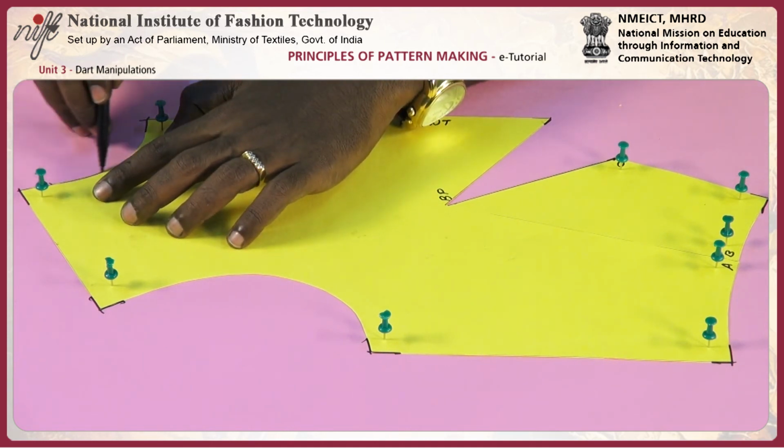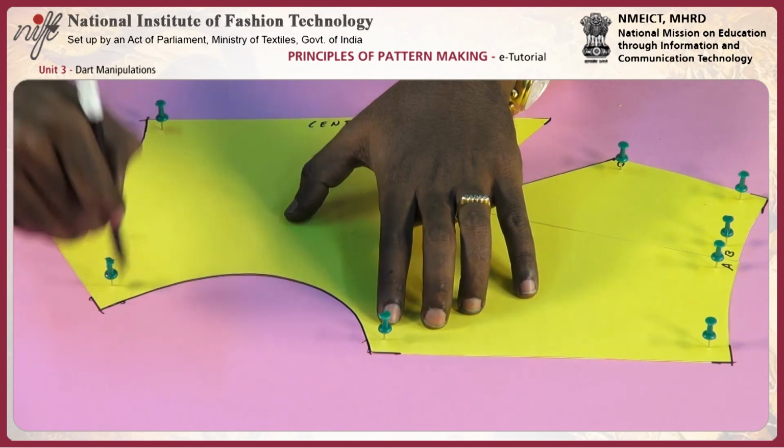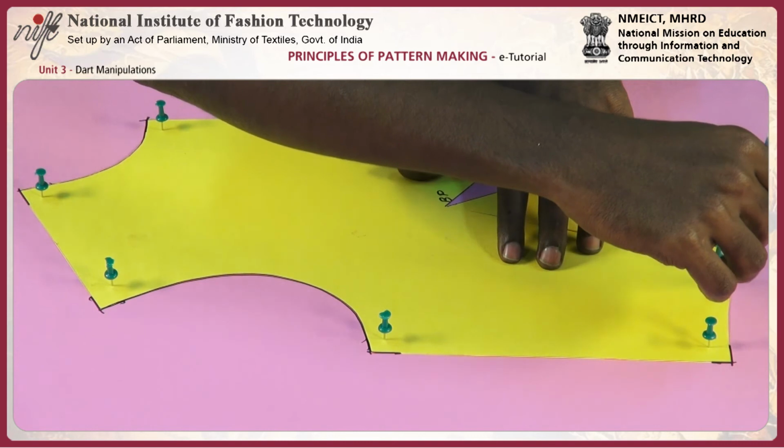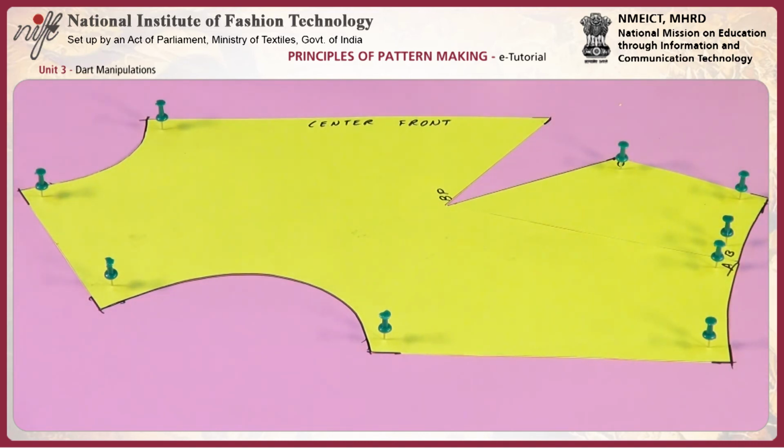Draw the neckline. Draw the armhole line. Draw the waistline. Once you have completed all the marking, you can remove the working pattern.